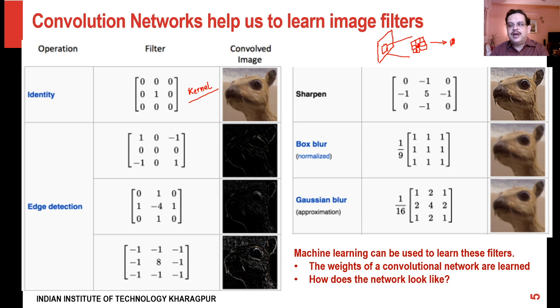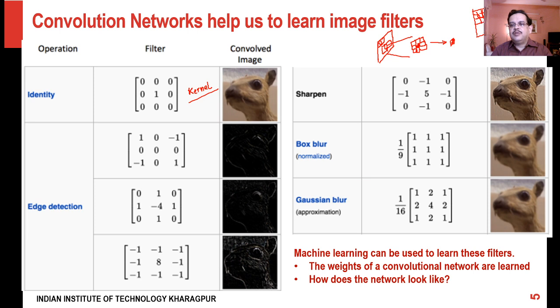And now you can slide this 3 by 3 window over all parts of the image. So if I look at the image like this, I take the 3 by 3 like this, then I take 3 by 3 like this, then like this, then like this, then like this.